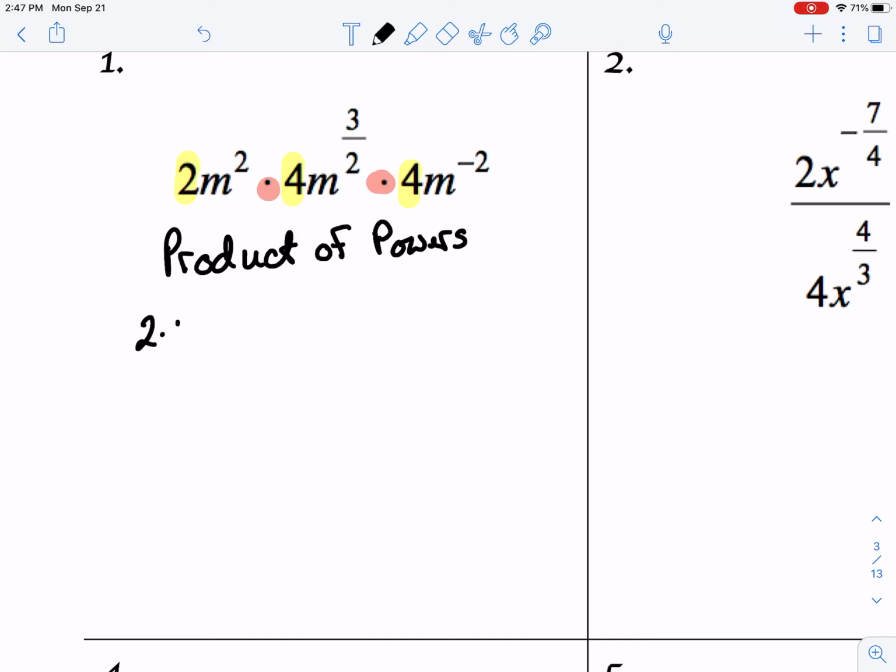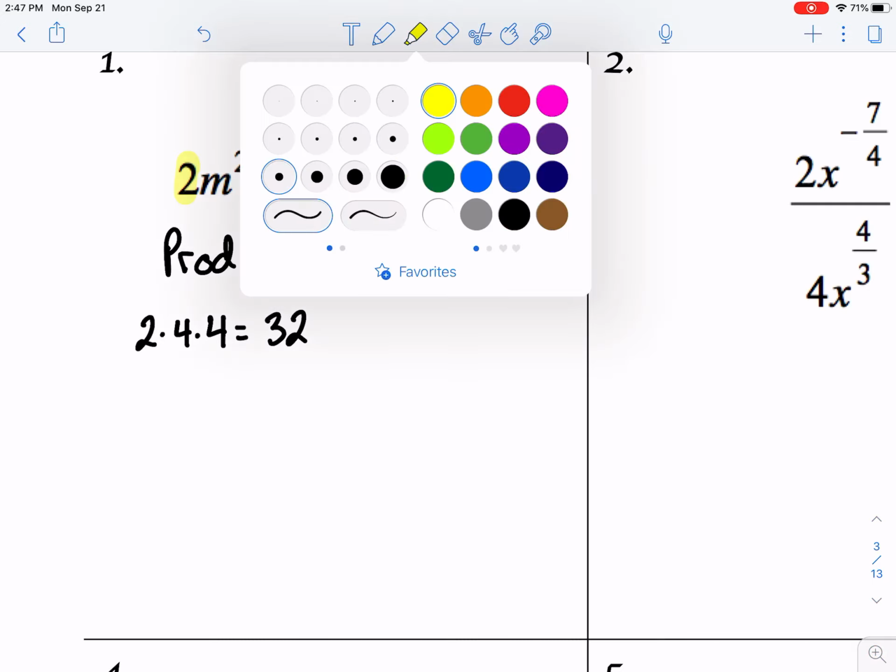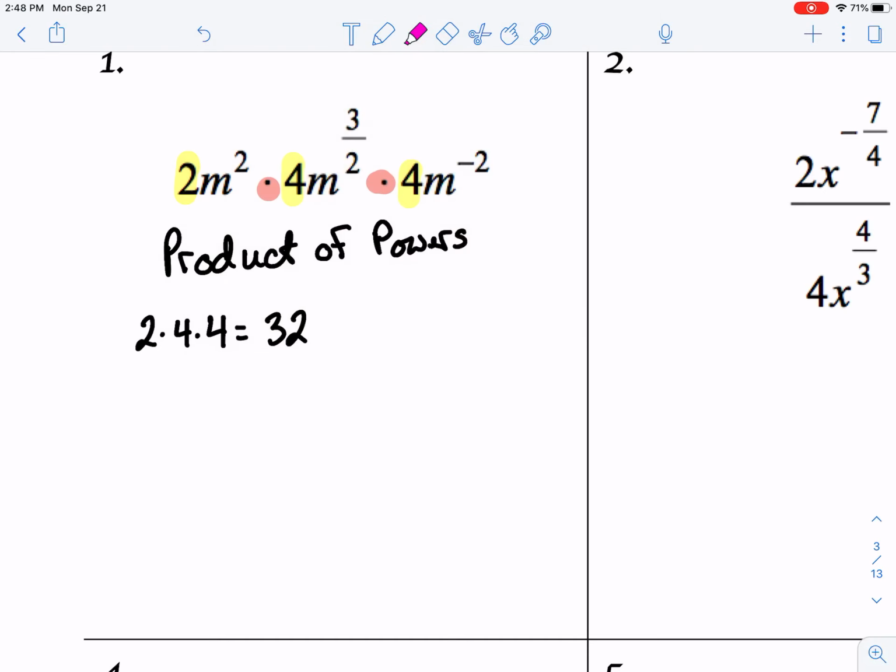So 2 times 4 times 4 is 32. Then we just add our exponents.